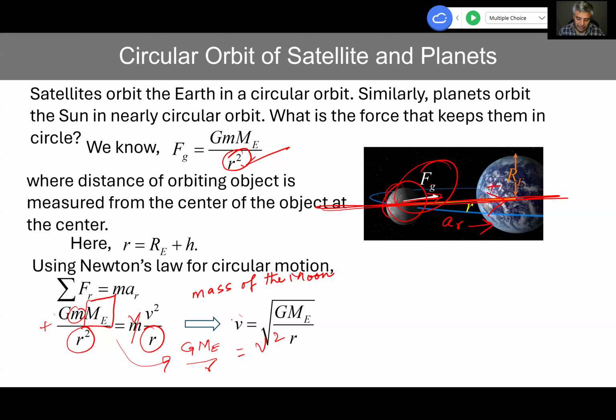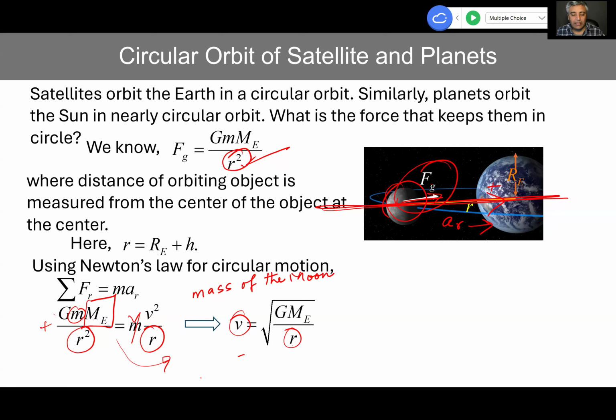So the speed of a satellite around the Earth simply depends on how high it is, or how high we want to put the satellite. For that, we can calculate the speed, bring the satellite up there in space, give it that tangential velocity, and then it will just keep going around.